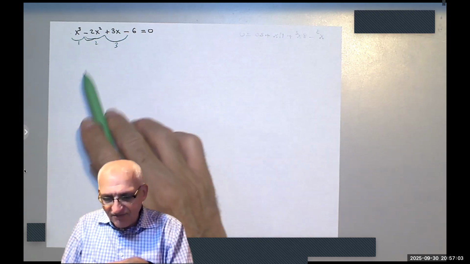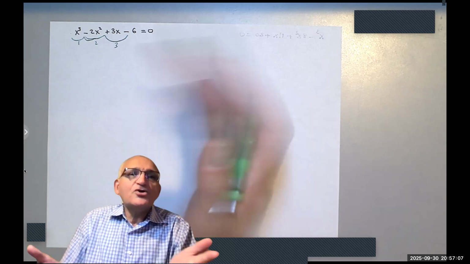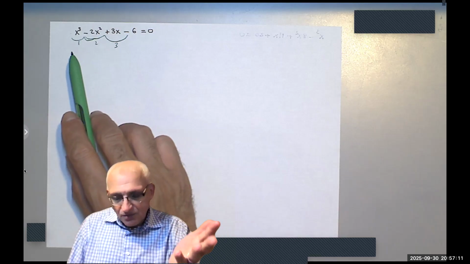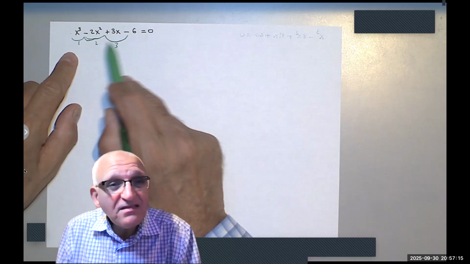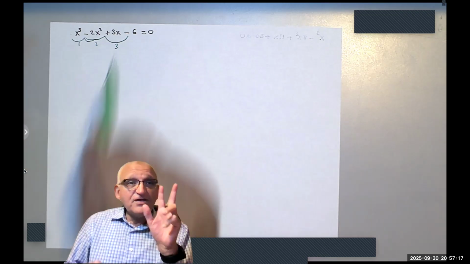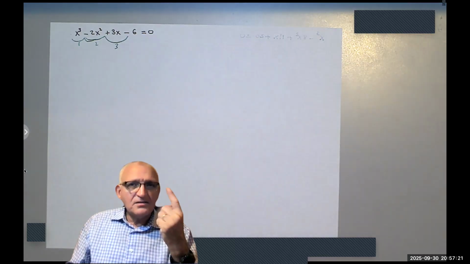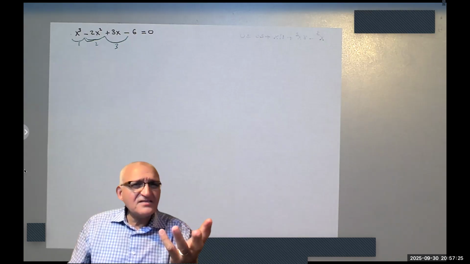That means we have possibly either 3 real positive solutions or just 1. You say, why not 2? 3 or 1 doesn't make sense.